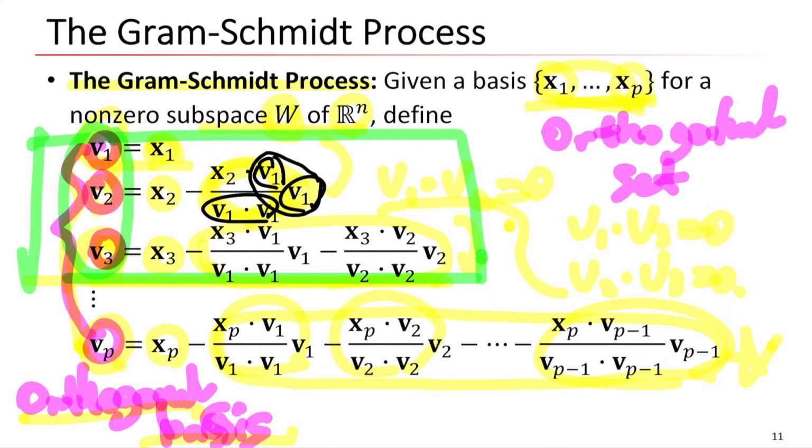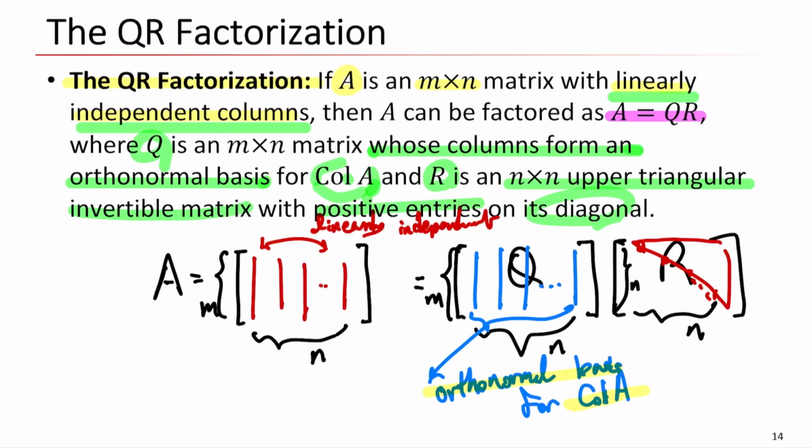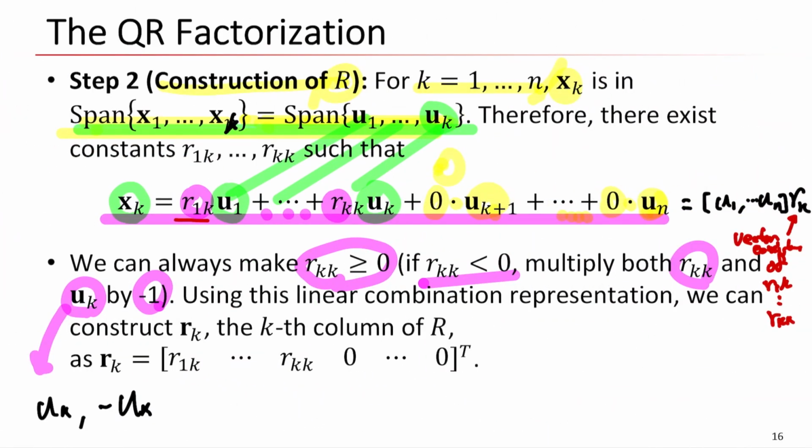So if we just negate an orthonormal basis vector, those remaining bases are not changed, right? So we can easily think about multiplying both rkk and uk by -1. We can always make rkk larger than or equal to 0, right?